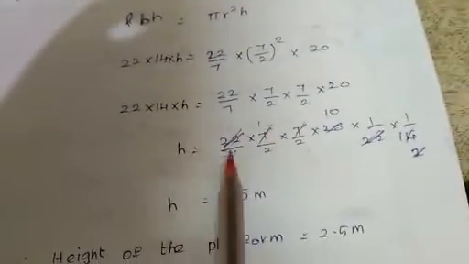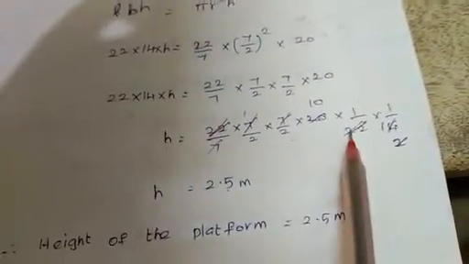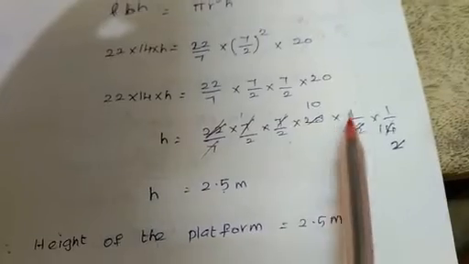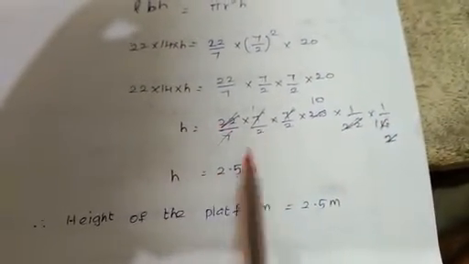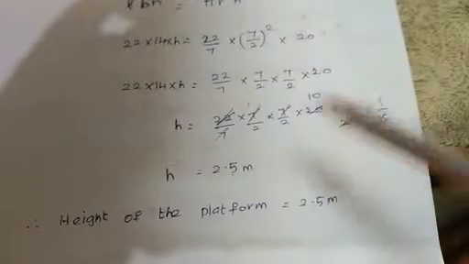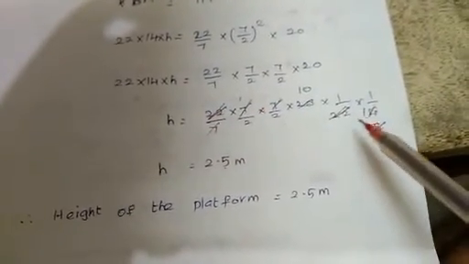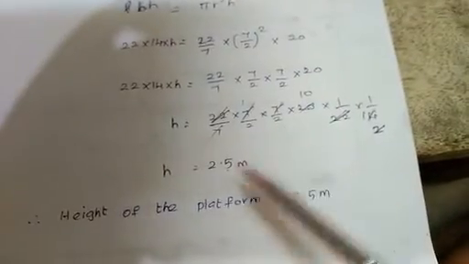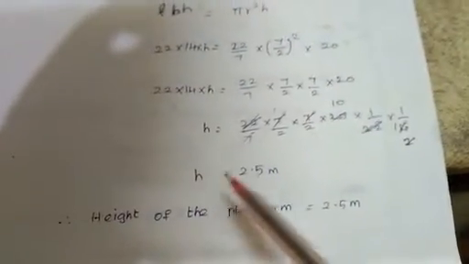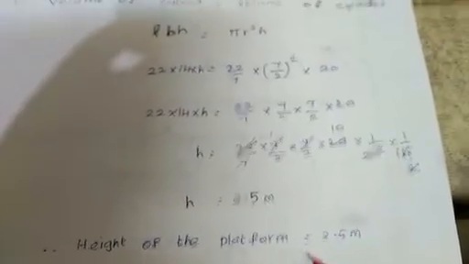Now H is equal to that product, with 22 into 14 in the denominator. After the cancellation we can get 2.5. How is it possible? 22 and 22 we can cancel, 7 and 7 we can cancel, 14 and 7 we can cancel. Like that we are going to cancel. Finally we get the H value 2.5. Height of the platform is 2.5 meter.